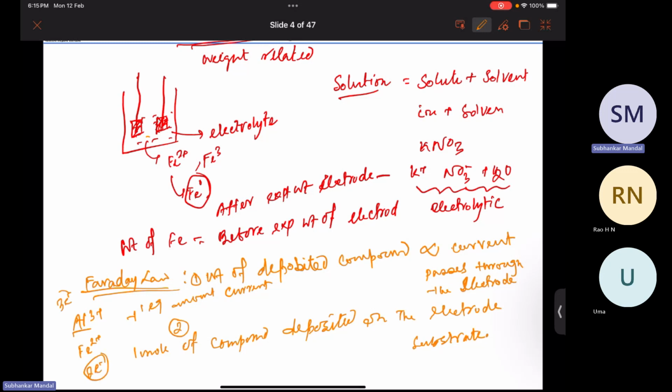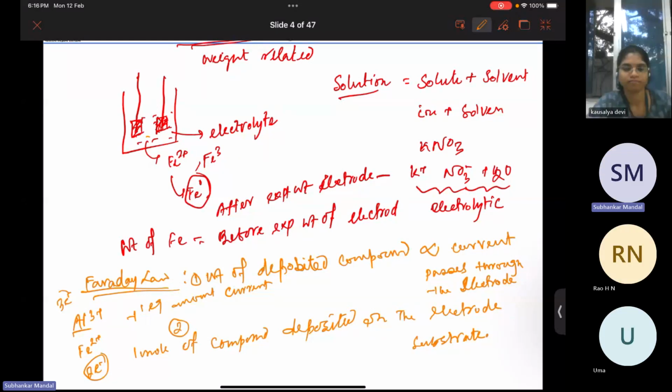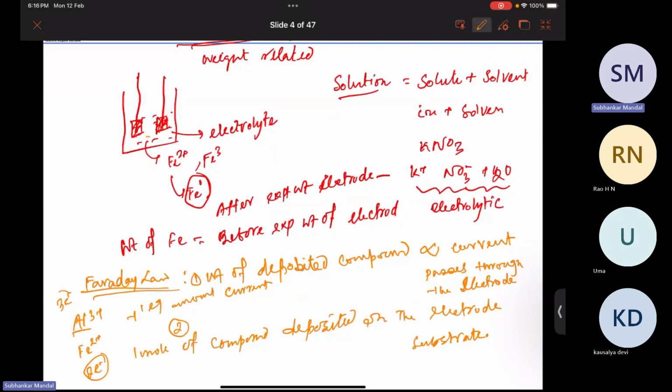So in the two cases, if you apply the same amount of current, suppose 10 ampere of current, then how much equivalent of aluminum and iron deposits depends on the equivalent weight of the compound.